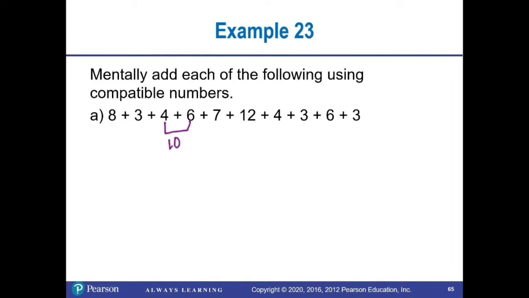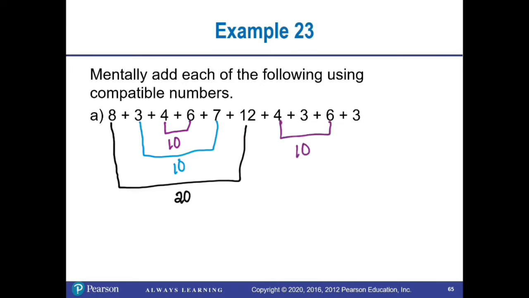Well, 6 plus 4 is 10. 7 plus 3 is 10. 8 plus 12 is 20, still a multiple of 10. And 6 plus 4 is 10. So I have 10 plus 10 plus 20 plus 10, and don't forget the 2 3s. 10 plus 10 plus 20 plus 10 is 50, plus 3 is 56.